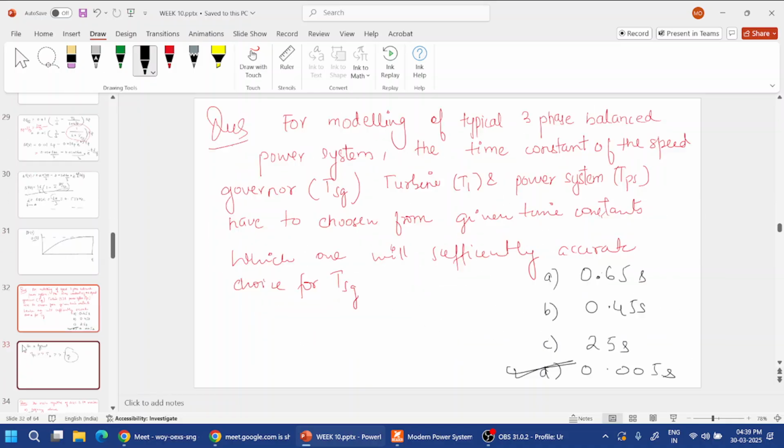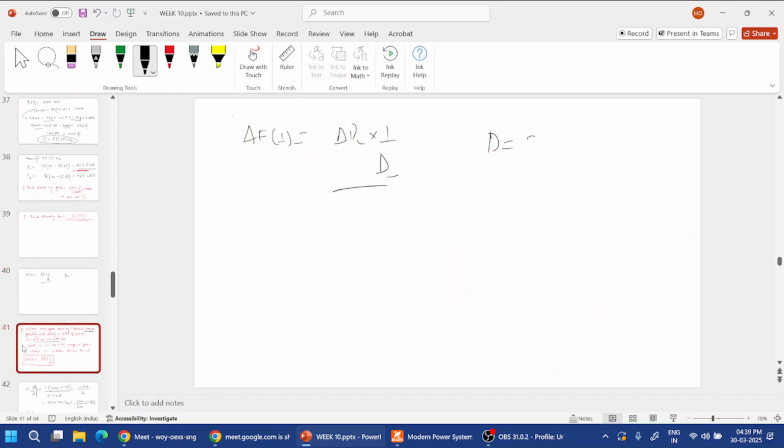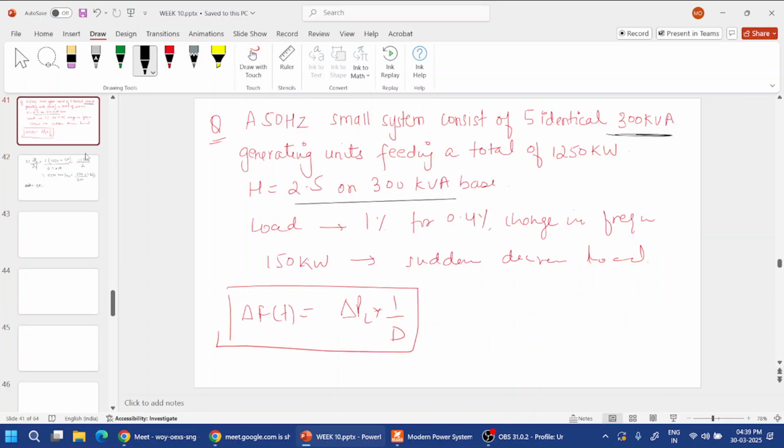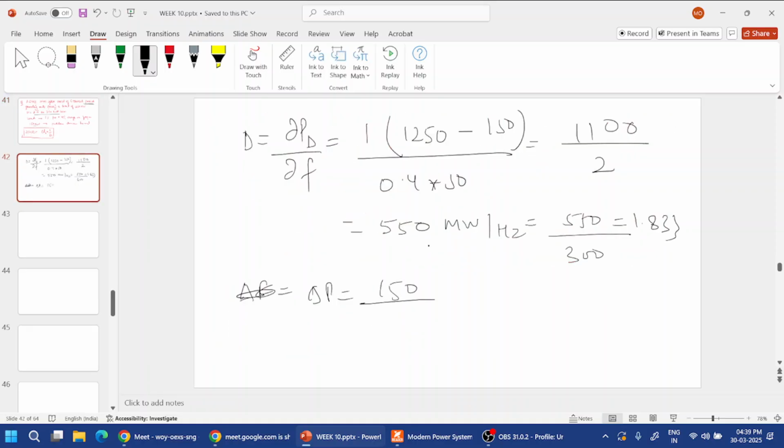But in this, the base remains the same, so we will convert into del P. Total load 150 divided by 300 comes out to be 0.5 per unit megawatt.